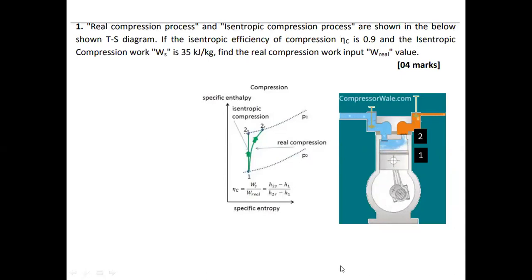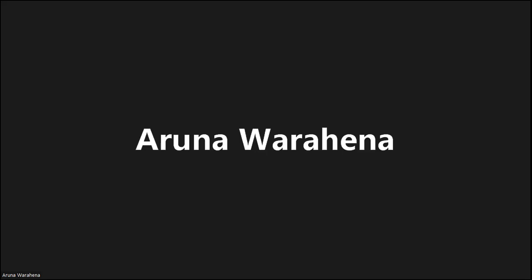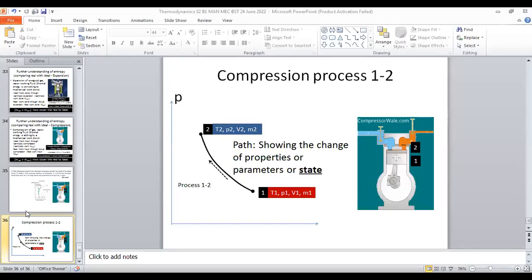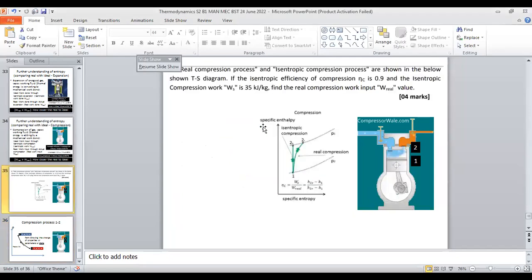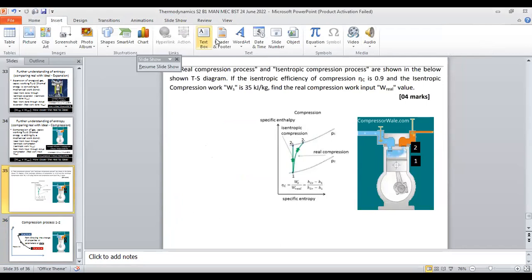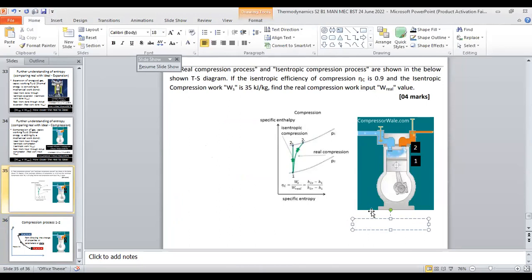So if we work on this, W for 1 kg is H2 minus H1.